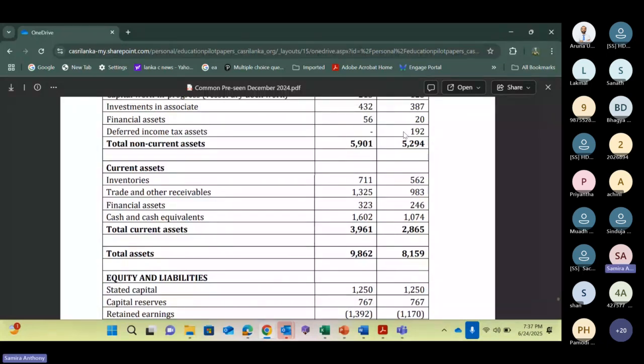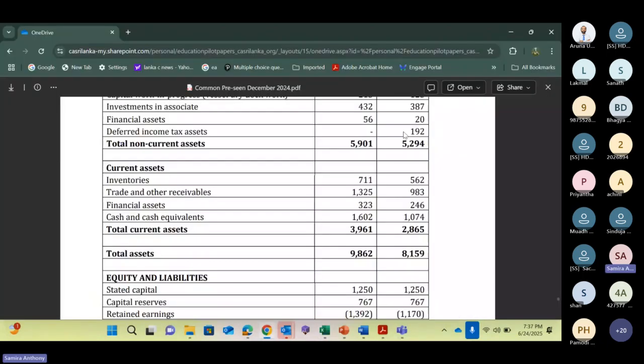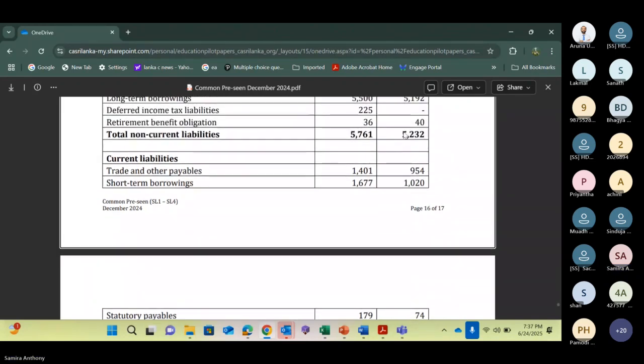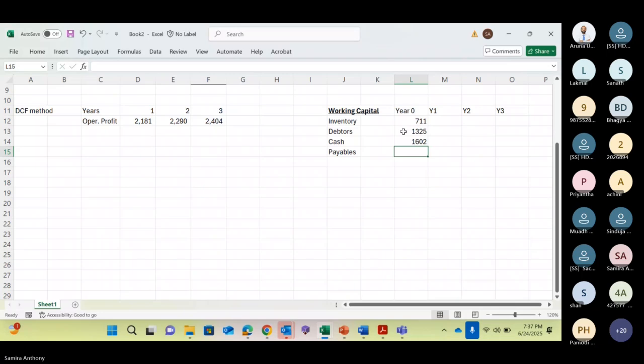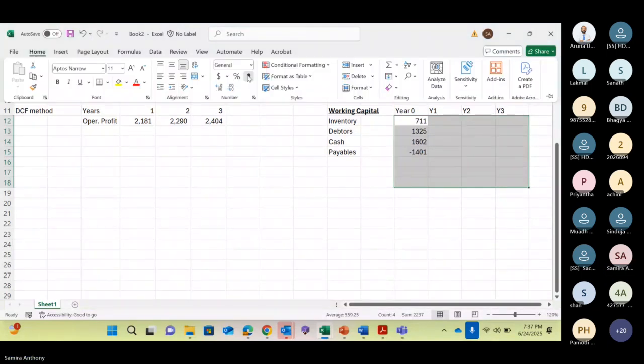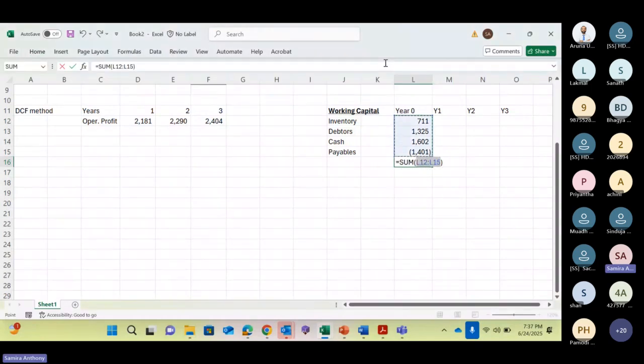Then the payable balance, trade payable, you have 1401. Now this is the total working capital requirement today. This is today's working capital requirement. This will increase by 5% per annum. That means this will increase like this every year.